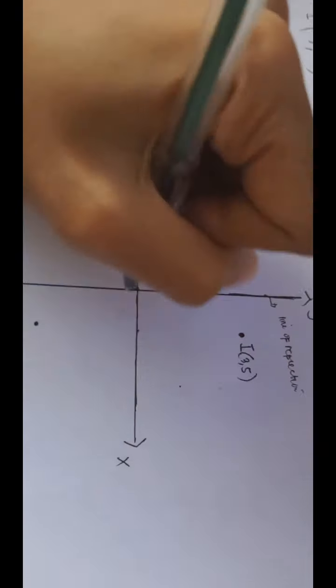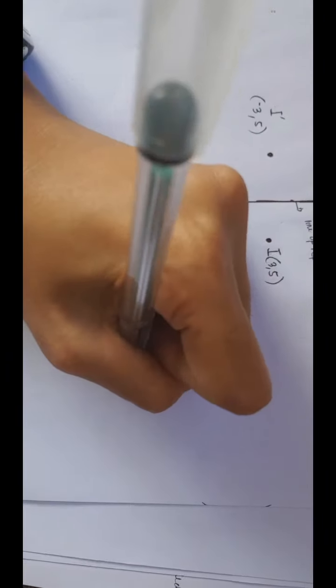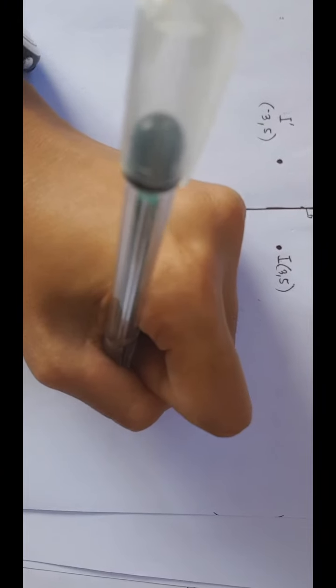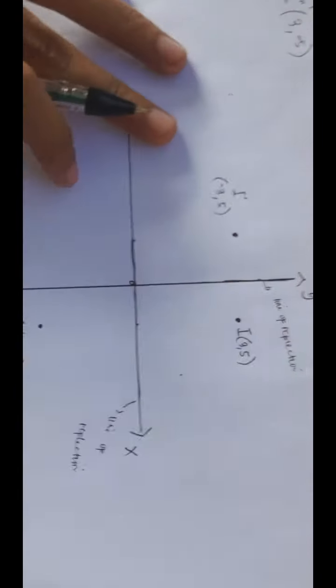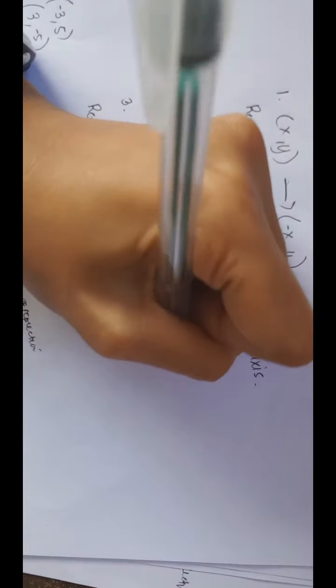This horizontal line here is what we call the line of reflection. Since this line here is the x-axis, therefore rule number 2 is the reflection over or across the line x-axis.